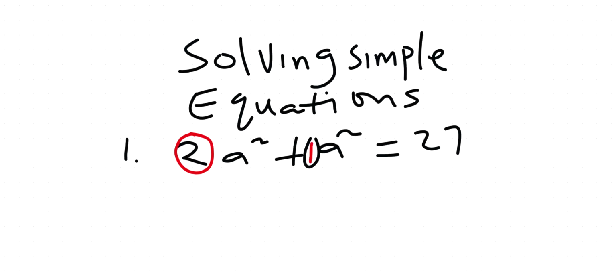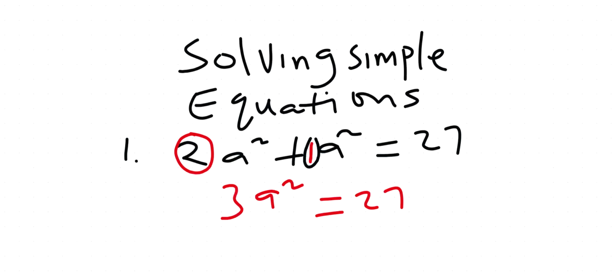So you can add the two together. 2 and 1 become 3, and you have a squared as the term. So this becomes 27.